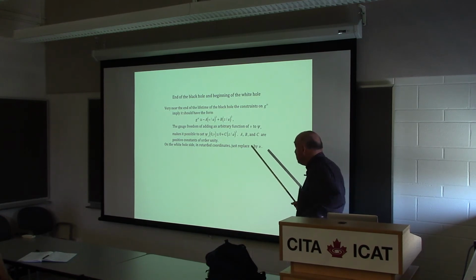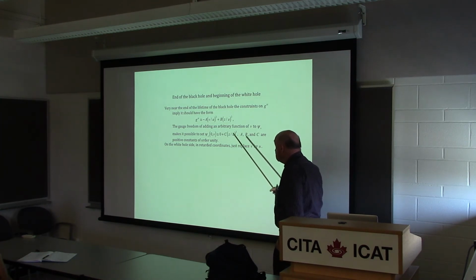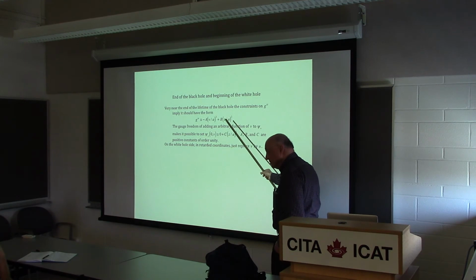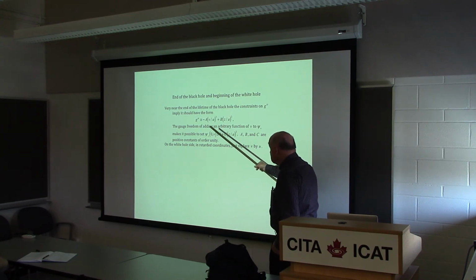From the conditions I've imposed on how G_ZC has to behave near the transition, you can say that this should be the form in advanced coordinates of G_ZC. So you have minus, and capital A and capital B are some positive constants of order unity, basically. So it says that at z equals 0, G_ZC is negative, which is what you want.